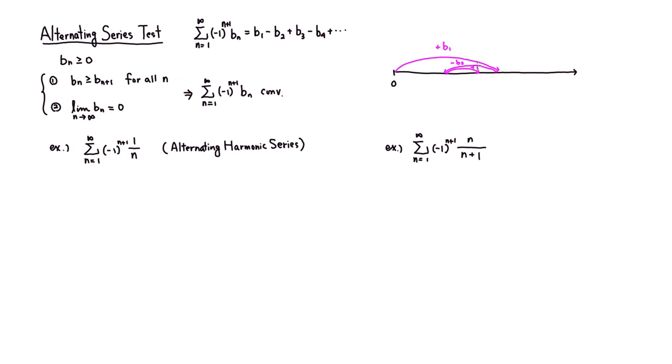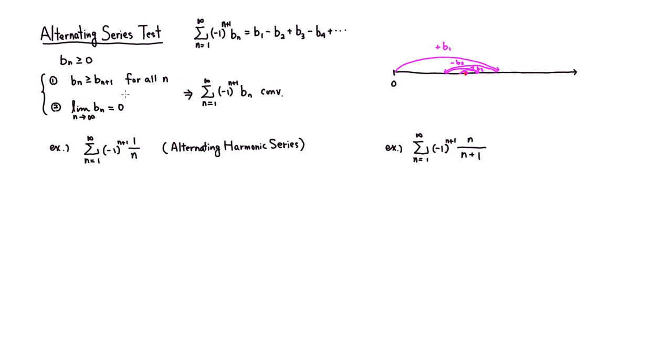It's kind of hard to see. You keep on doing this, and every single time the step gets smaller and smaller. So you go back and forth, backward a little bit, then forward, backward, forward, but the steps keep getting smaller. Eventually you're going to approach some number, and that number is going to be the sum. That's why we get convergence if we have these two conditions for the alternating series.